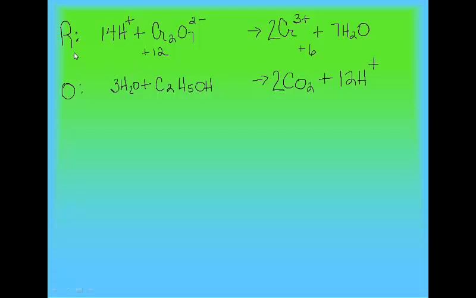Reduced means a gain of electrons. In order to go from 12 to a positive 6, you need to gain 6 negatively charged electrons, because a positive 12 and a negative 6 will give you positive 6.